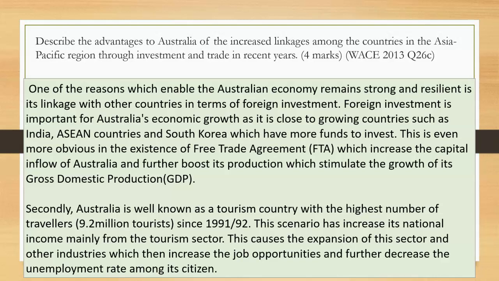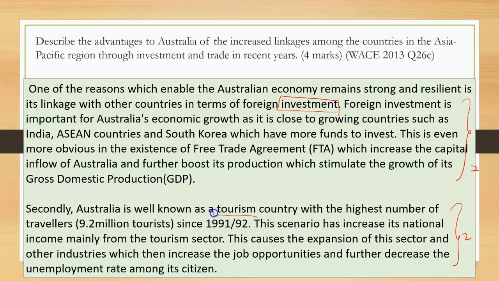Okay, now see, every time you are trying to explain a point for the WACE exam, you will need a paragraph for you to get 2 marks. This will be 2 marks each. First paragraph is about how Australia is linked with the rest of the world through investment.